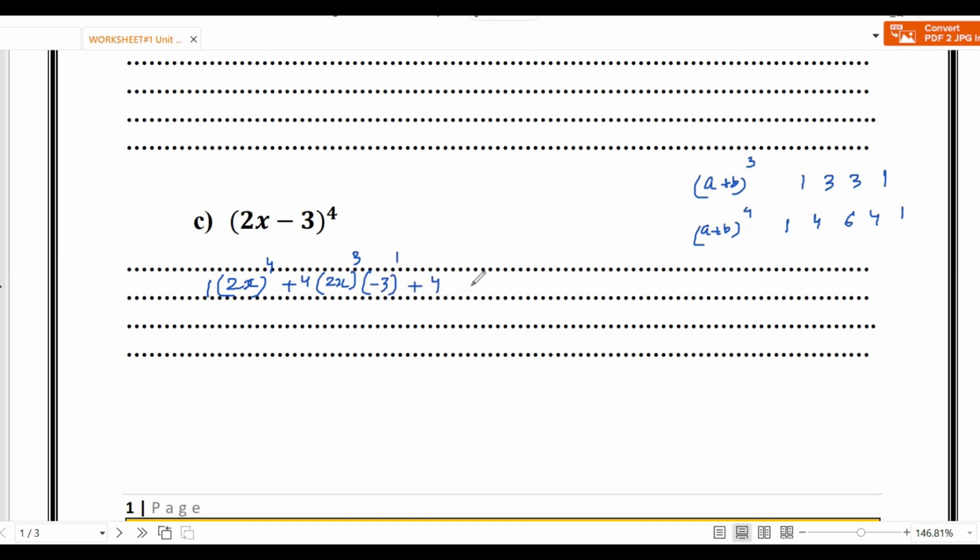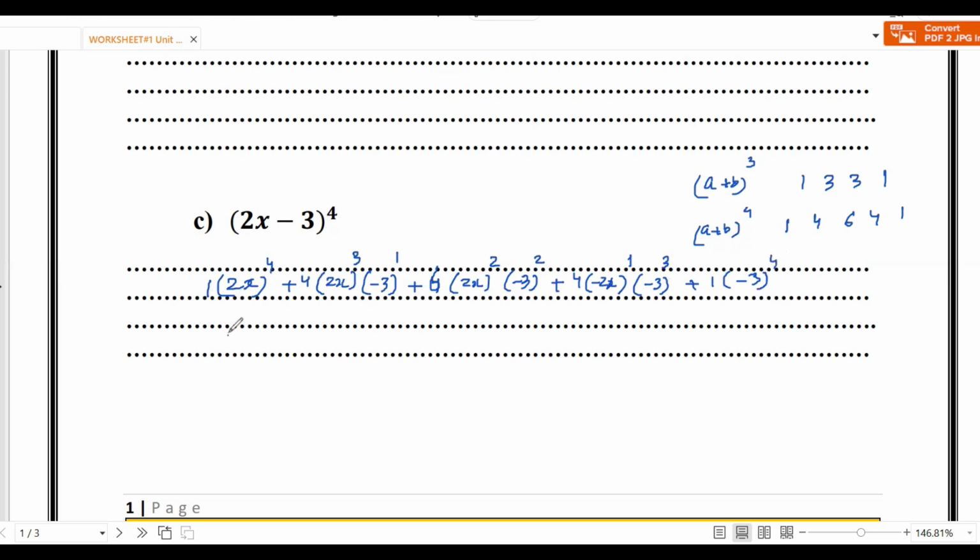After this, next is 6 times (2x) squared times (minus 3) squared, and then plus 4 times (2x) to the power 1 times (minus 3) cubed, and lastly (minus 3) to the power 4. After this, we just simplify.